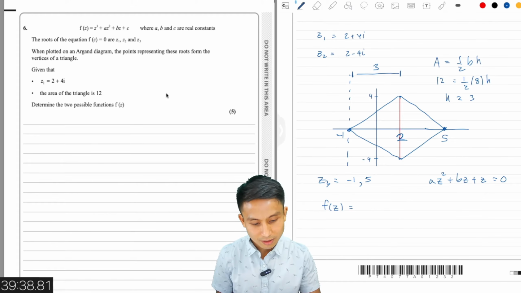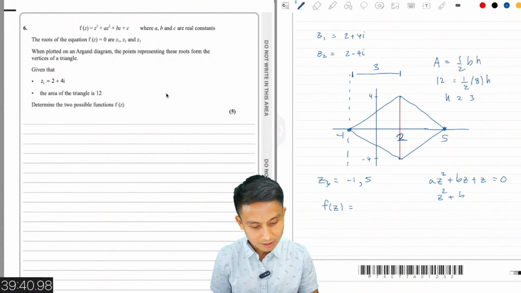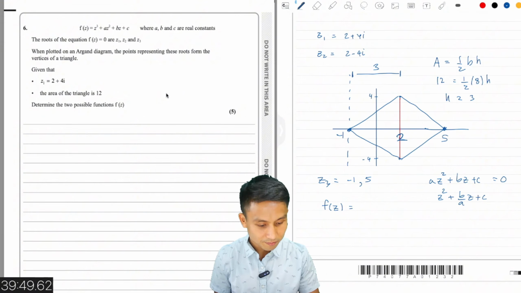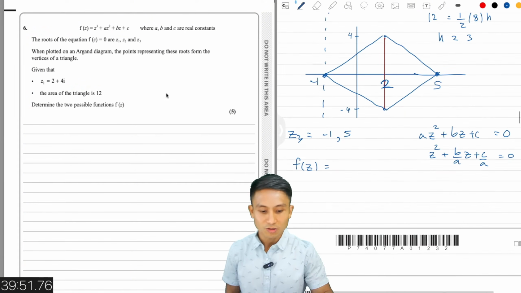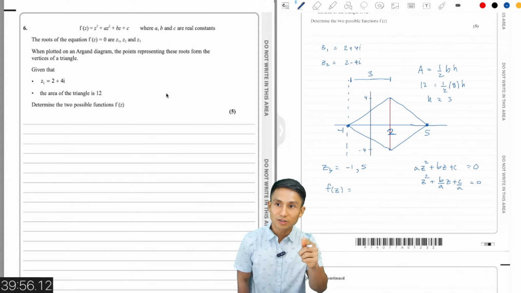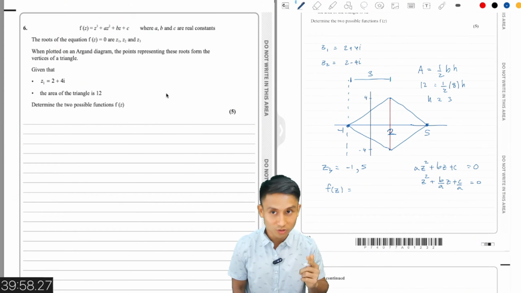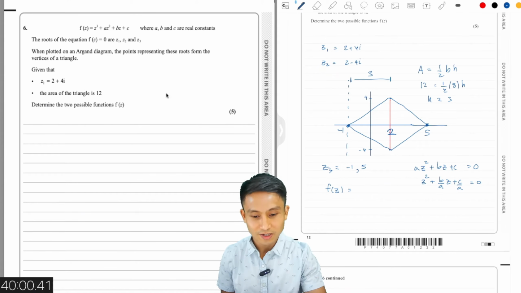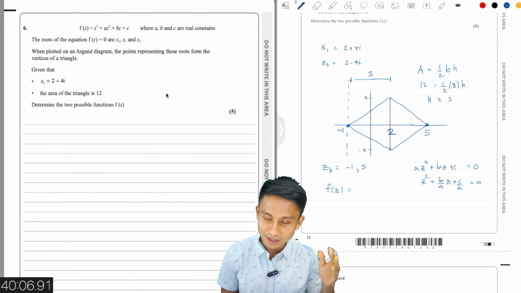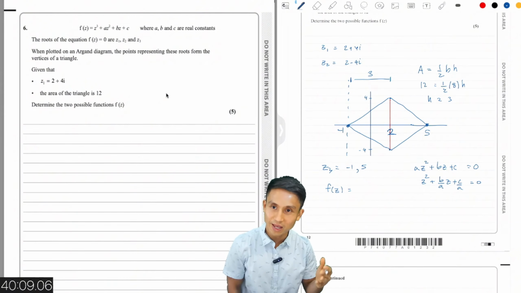But you can also look at it like this. If you divide across by a, and with the knowledge of roots of quadratics, you also know that the two roots, if you sum them up, you get the middle term, the minus b over a. If you multiply them out, you get z1 z2, which is c over a.